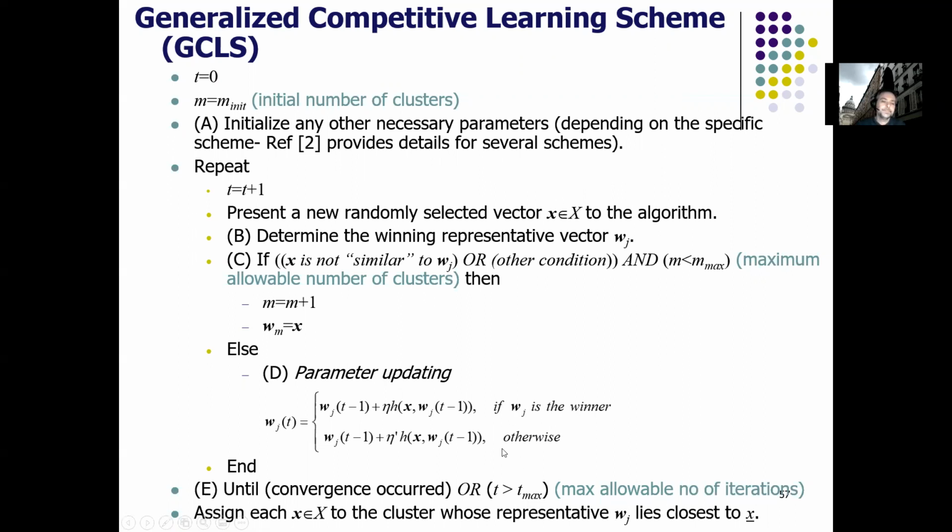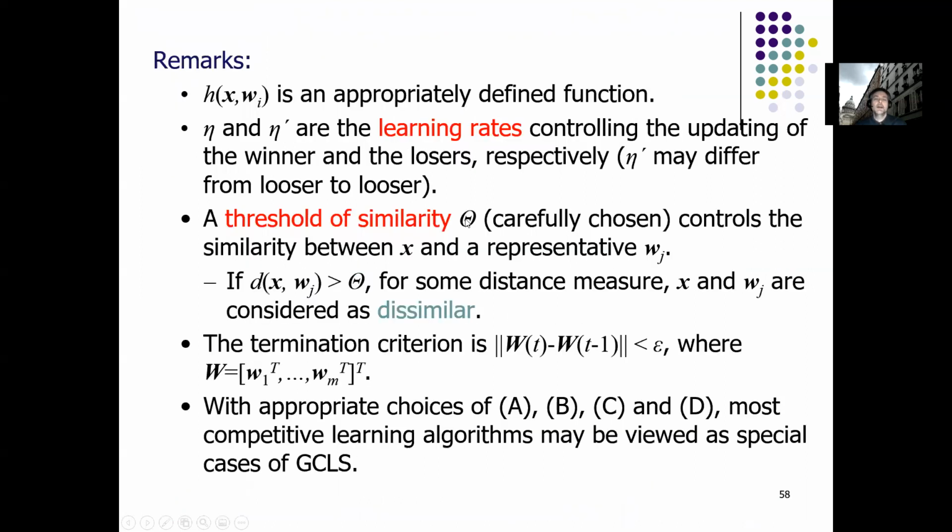And as I said, there are different ways that you can implement each one of these steps: how you initialize, how you determine the winners, what kind of criterion you use to measure similarity and terminate the algorithm, and how you update the parameters.